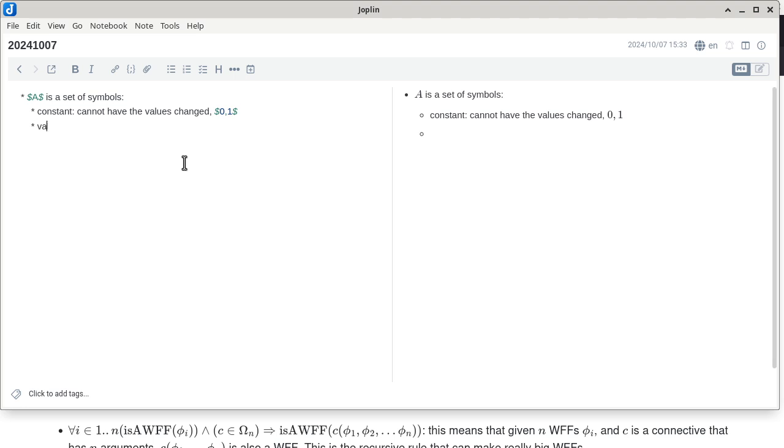The next one are variables. Variables can have any constant values. That's why they're called variables. Typically we use English letters for that purpose, basically letters from the English alphabet, P, Q, R, S, T, and so on.